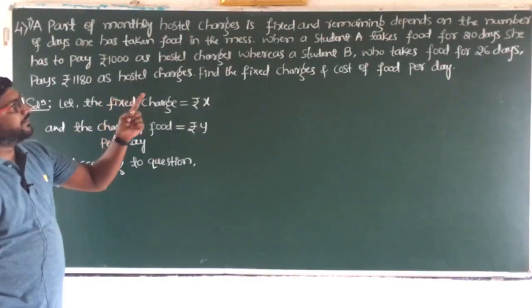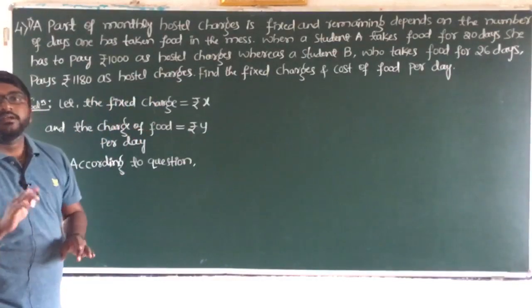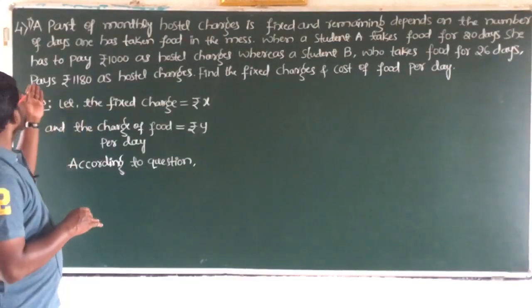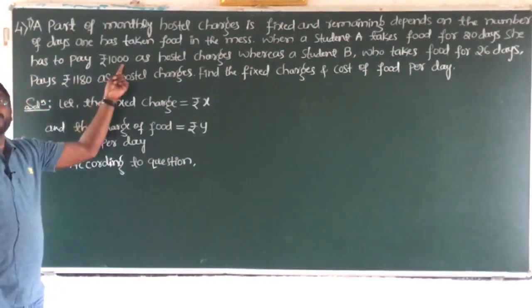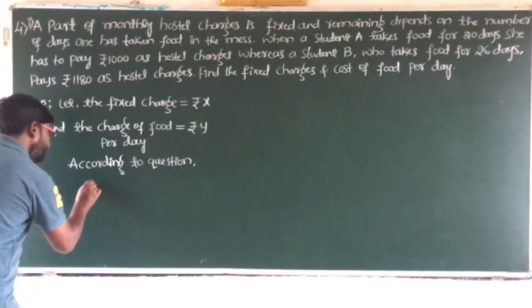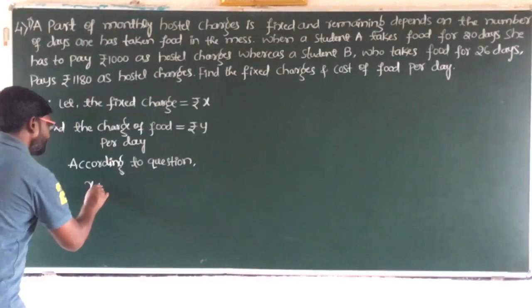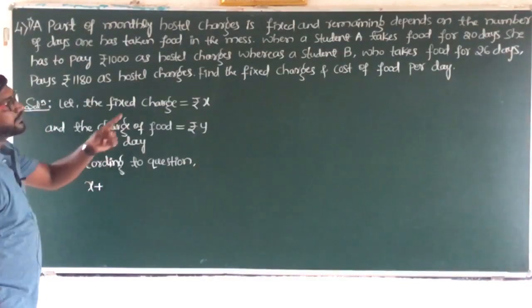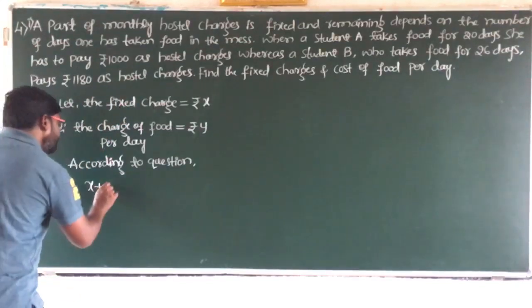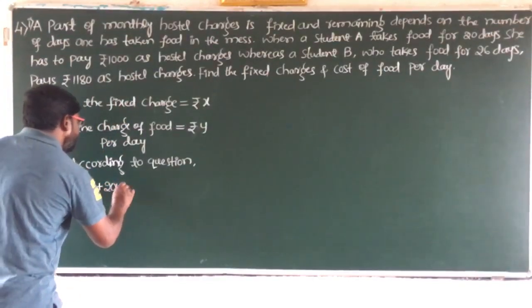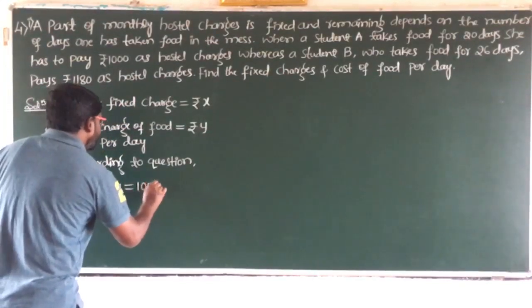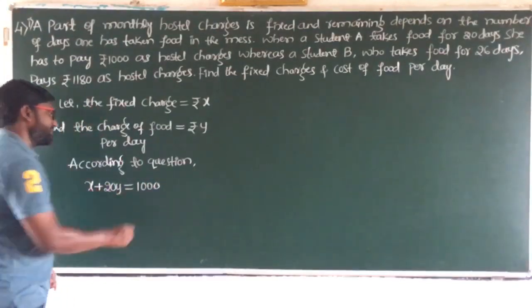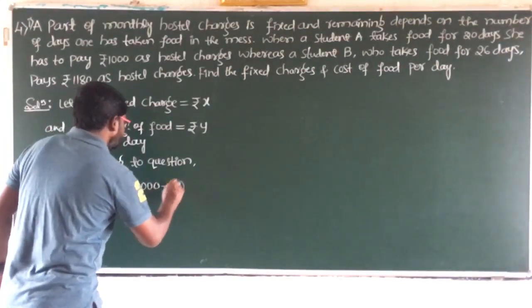When a student A takes food for 20 days, she has to pay 1000 rupees. So there will be the fixed charge x plus, since she has taken food for 20 days, 20y, which equals 1000 rupees. This is equation number 1.